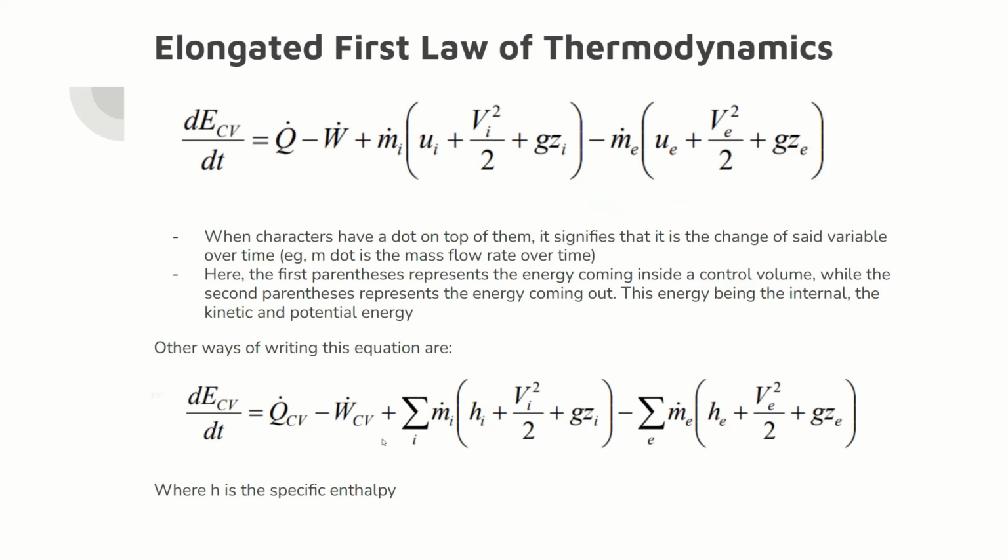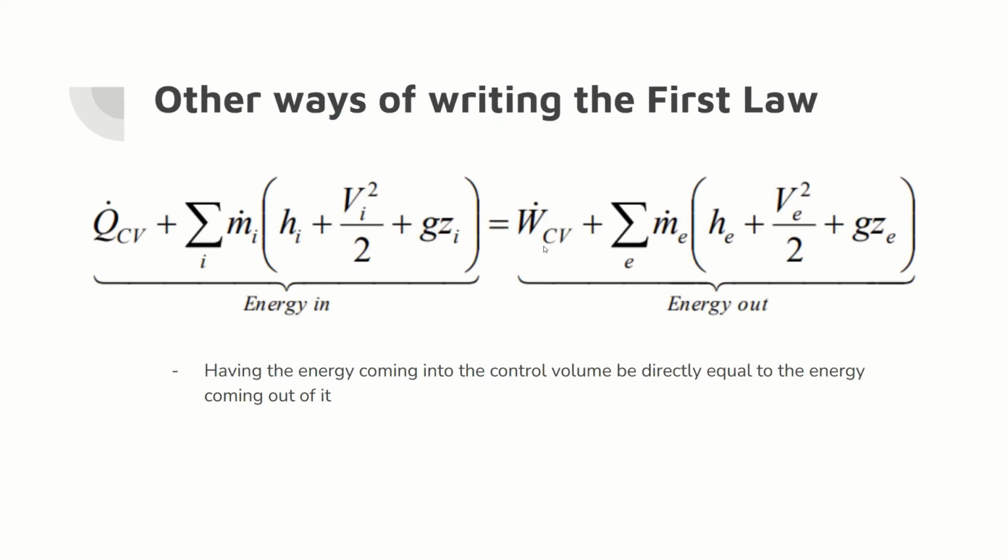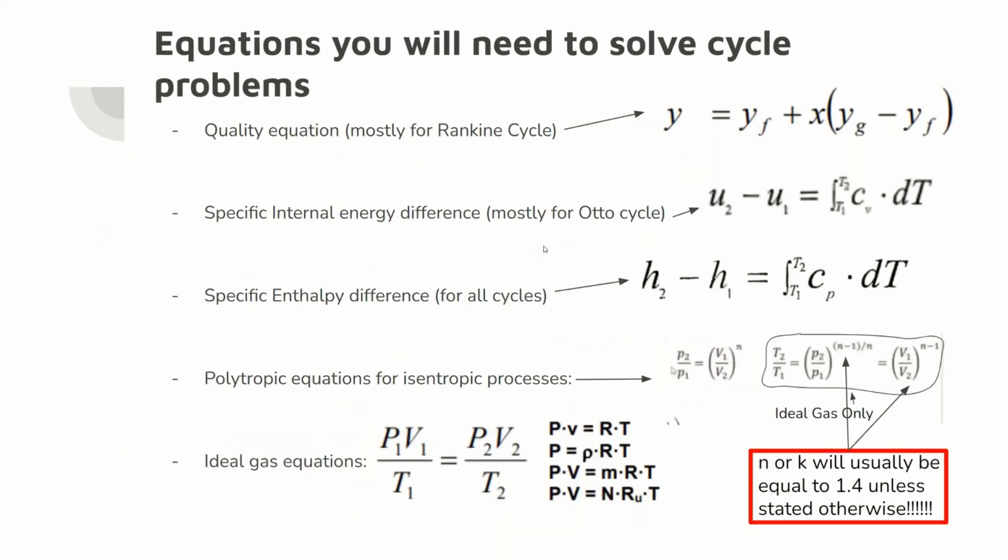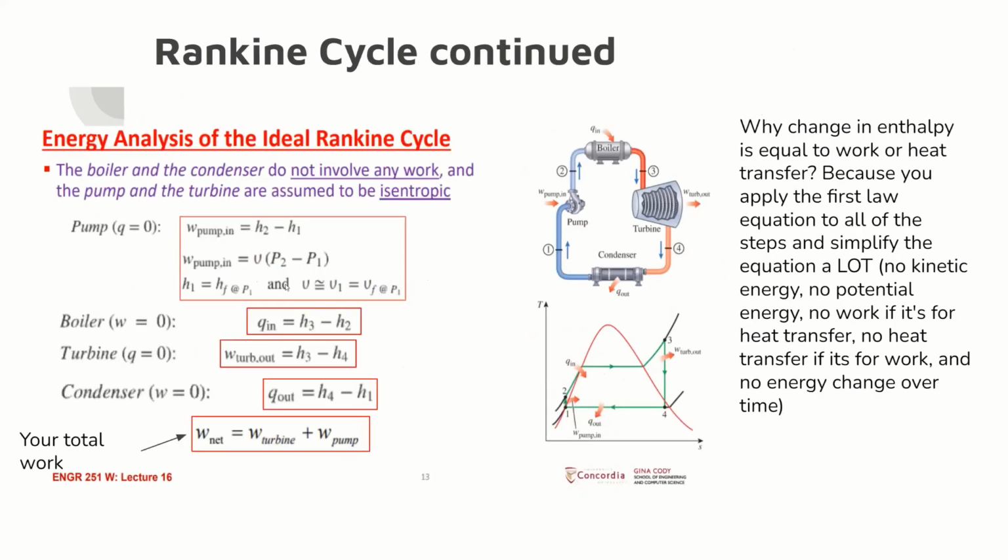Or using this version of the first law equation, not specific internal energy, but specific enthalpy instead. And for the condenser and the boiler, again, dE/dt will be equal to 0, kinetic energy and potential energy will be equal to 0, but this time work will be equal to 0, and Q won't be equal to 0. And so that's how you obtain these equations.